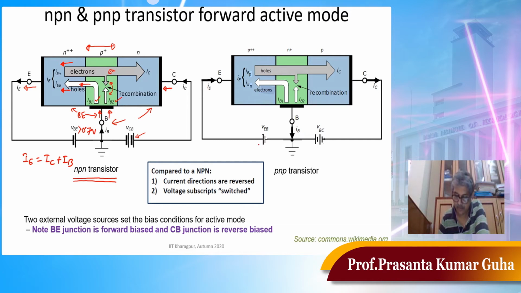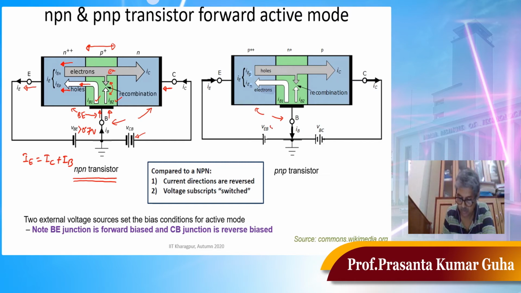I have biased this base emitter junction in such a way that the positive terminal of the battery is connected to the emitter, that is p type semiconductor, and the negative terminal is connected to the n type base. So if VEB is more than 0.7 volt, then this base emitter junction will be forward bias.